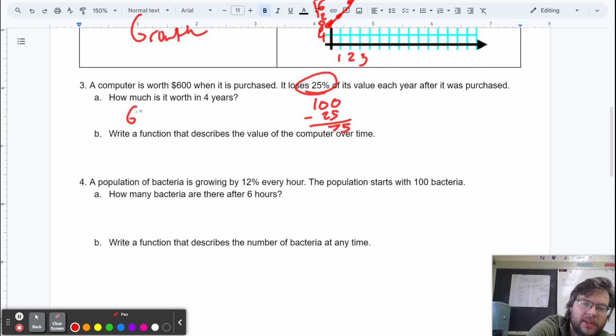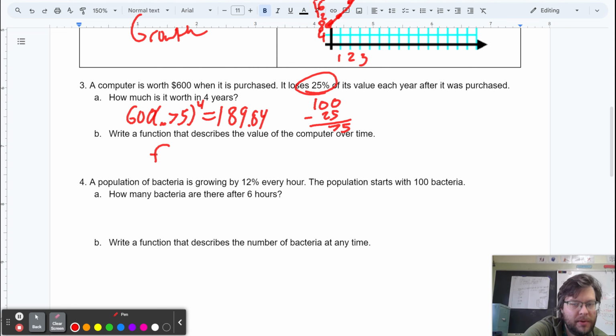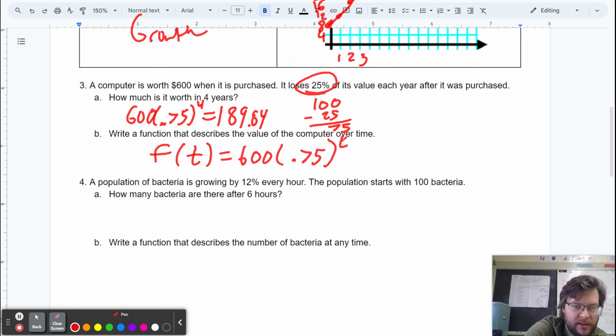So the amount it's worth in 4 years is just 600 times 0.75 to the fourth power, which ends up being about $189.84. At any moment in time, I could write a function of time, 600 times 0.75 raised to the t.